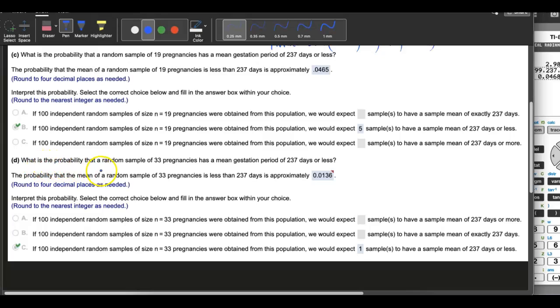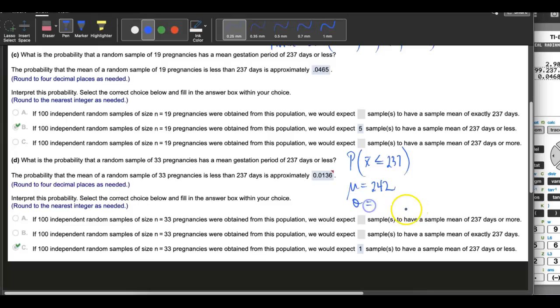This one is, what is the probability that a random sample of 33 pregnancies has a mean gestation period of 237 days or less? Okay, so we're really looking at the probability that this mean is less than 237 for this sampling distribution. We know that the mean of the population is the same as the mean of the sampling distribution of x bar, that was 242.